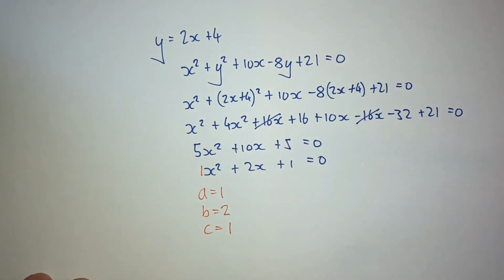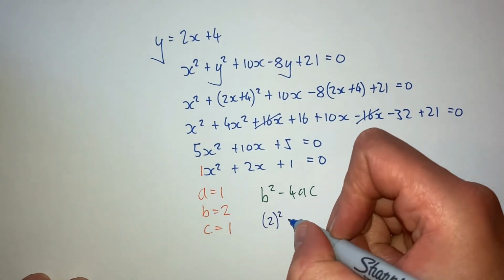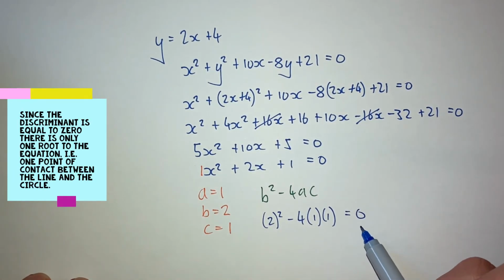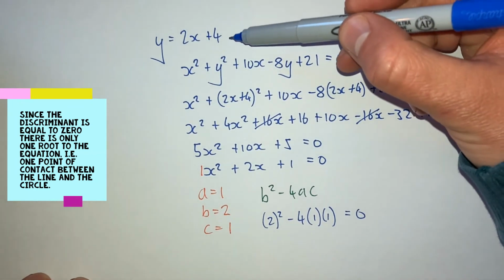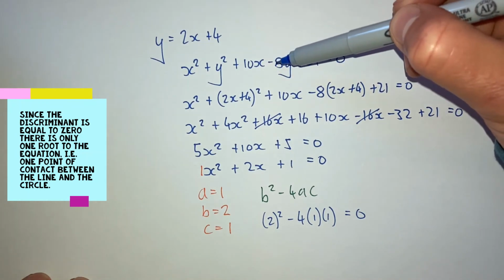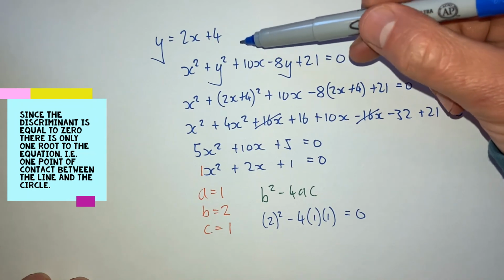Let's determine the value of the discriminant. Here, the discriminant equals 0, which implies there's only one root, and therefore y equals 2x plus 4 is a tangent to the circle. Remember, a tangent touches the circle at one point.